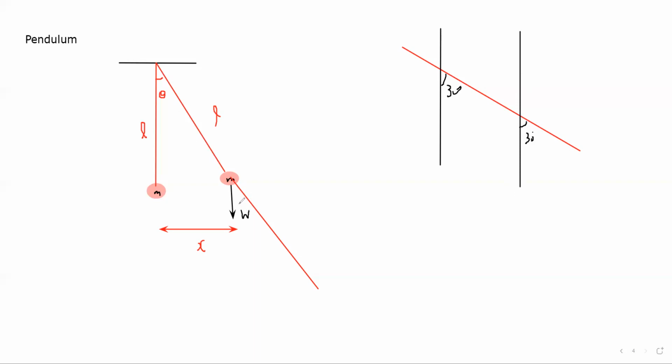So if this angle is theta, here also the angle will be theta. This is the weight; using trigonometric ratios, the component of the weight along the angle is W cos theta, and the component against the angle is W sin theta.